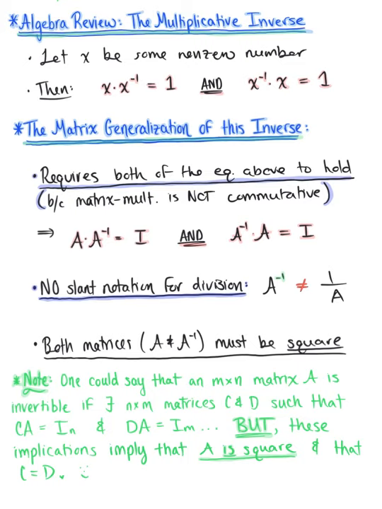But these implications imply that matrix A is square, and that matrix C is equal to matrix D. So thus, A is invertible and defined if both matrices are square. So let's go ahead now and look at an informal definition generalizing what we have here.